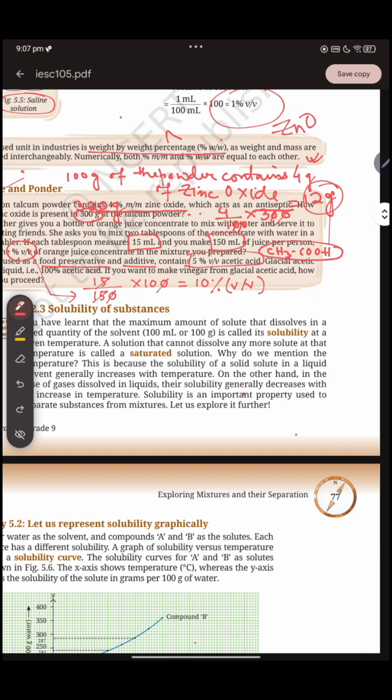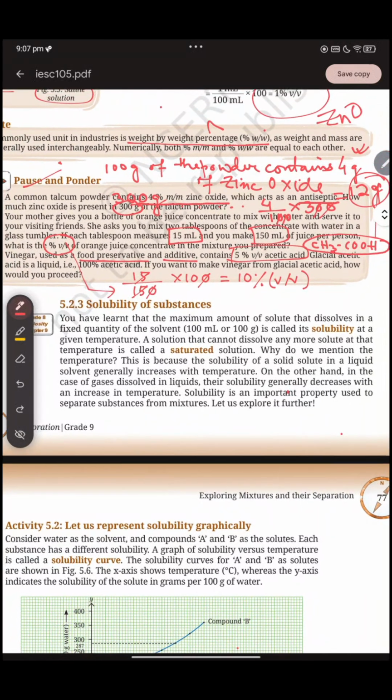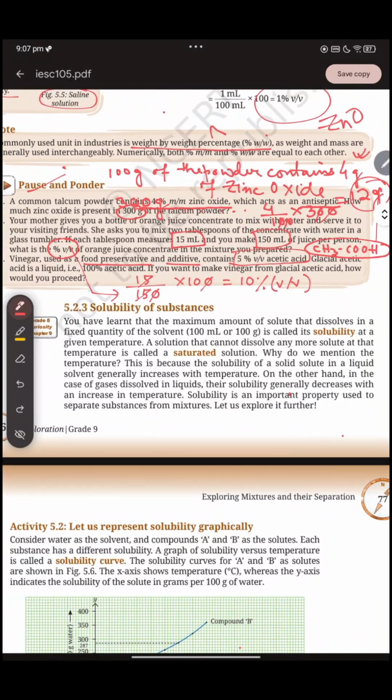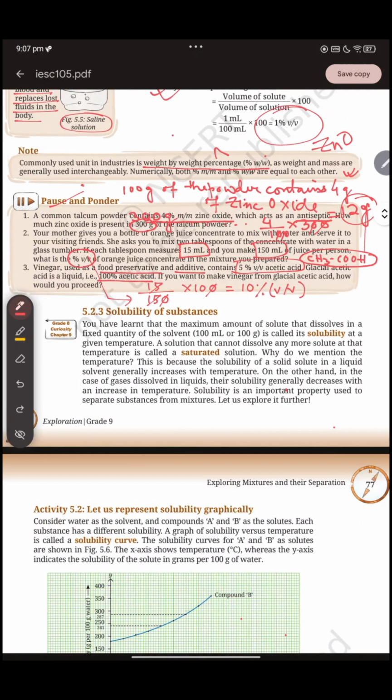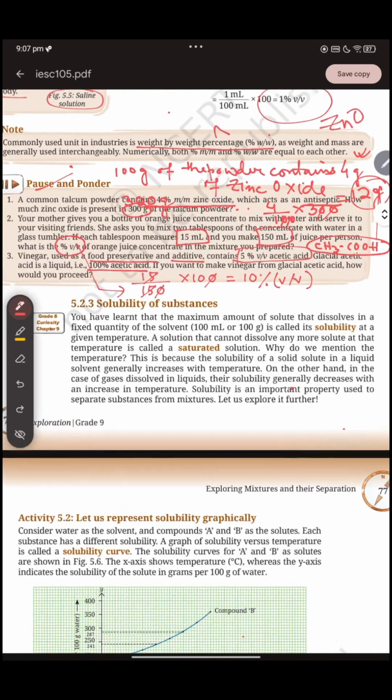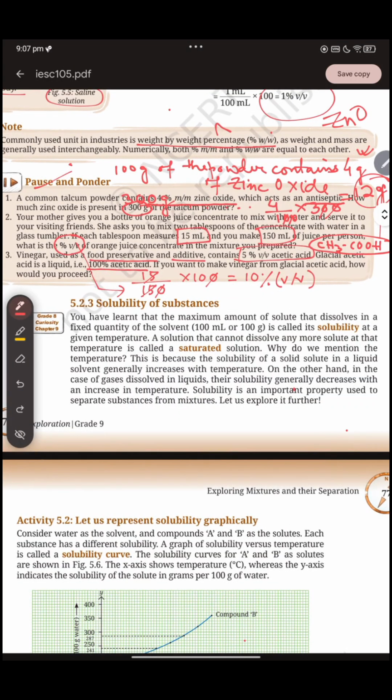As of now, you can only remember the name. Glacial acetic acid is a liquid which contains 100% acetic acid. So this knowledge is very, very important if you are pursuing science. So vinegar contains 5% volume by volume of acetic acid.